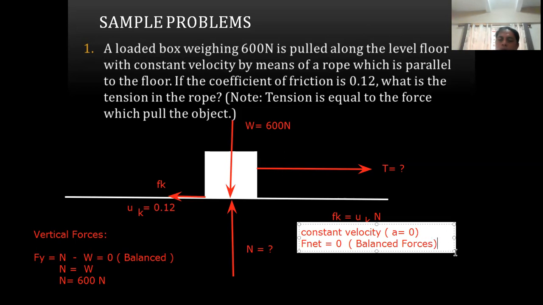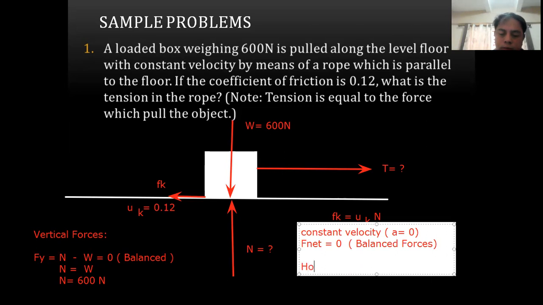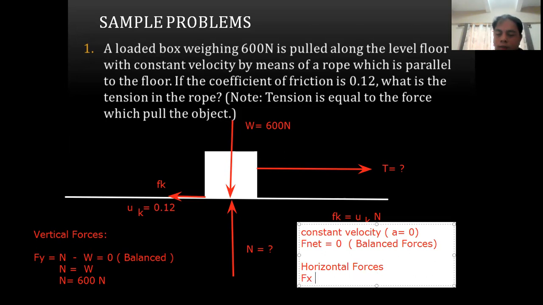So if we go into the horizontal forces, which are responsible for the motion along the horizontal axis, but the motion there has a constant velocity, then along the x-axis we have tension that goes right and frictional force that goes left. Just the two of them, one that goes right and one that goes left.